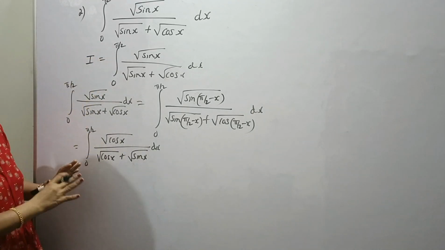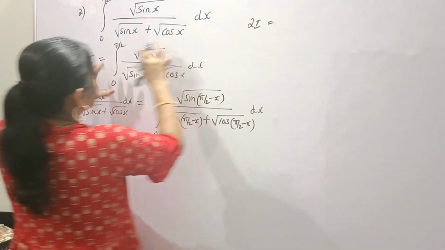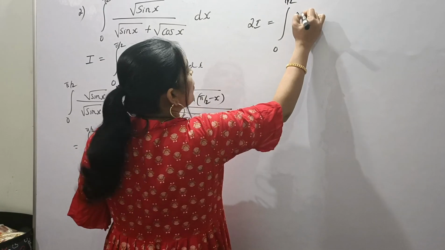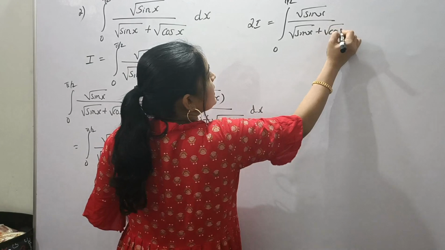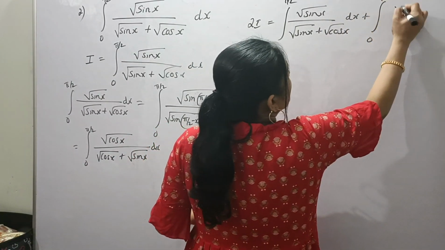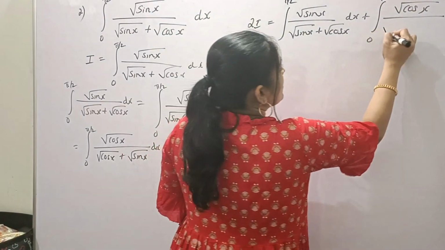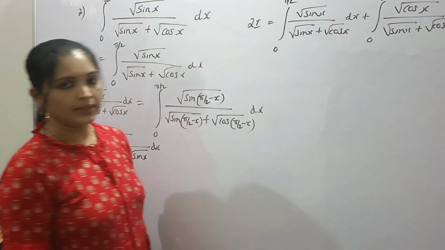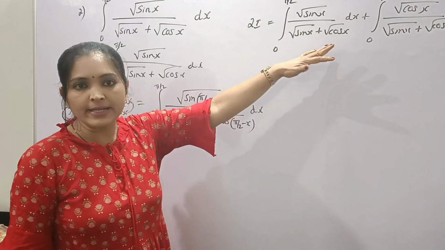So we will add these two integrals, that is I plus I, 2I. Okay, so 2I is equal to this integral plus this integral: integral 0 to pi by 2 root sin x divided by root sin x plus root cos x dx plus integral 0 to pi by 2 root cos x divided by root of sin x plus root cos x dx. Then here same limits, so we can add these two integrands, right?